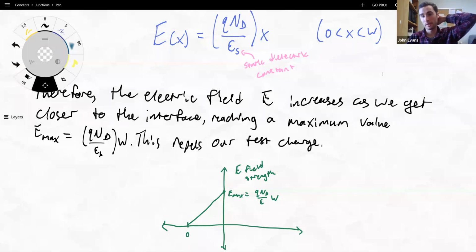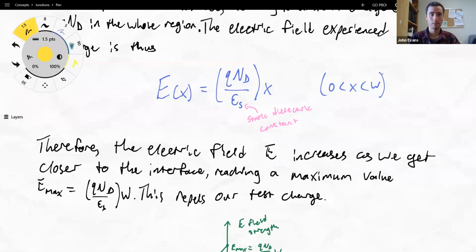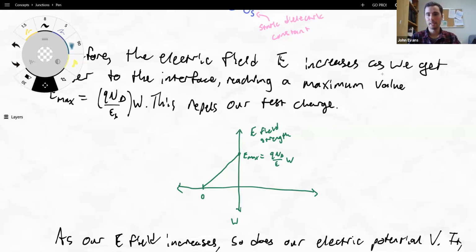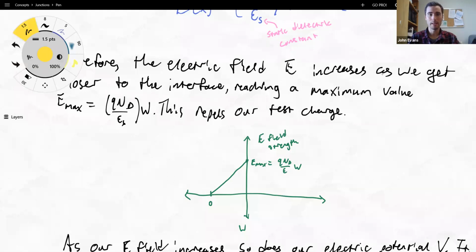If we take it to its logical conclusion, the maximum electric field that we reach is equal to this equation here, when x equals W. So we can define a maximum electric field strength, E max, equal to Q N D over epsilon s times W.